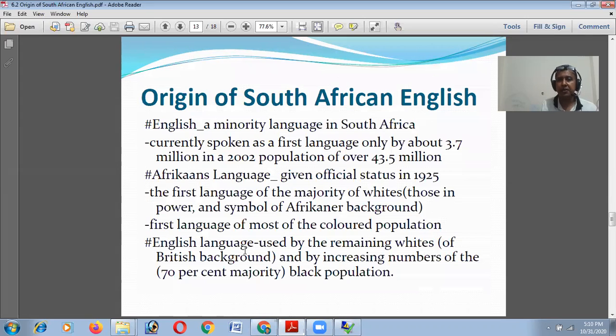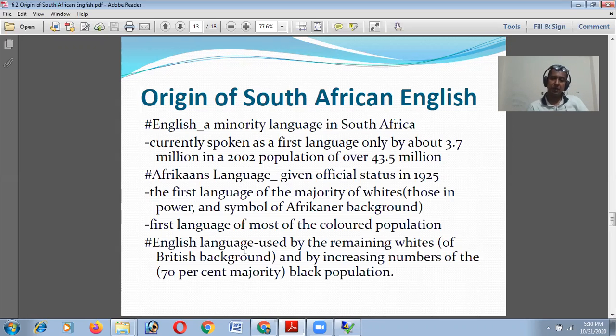English, a minority language in South Africa, is currently spoken as a first language only by about 3.7 million in a 2002 population of over 43.5 million. Afrikaans, given official status in 1925, is the first language of the majority of whites, who were in power, a symbol of Afrikaner background, and the first language of most of the colored population.